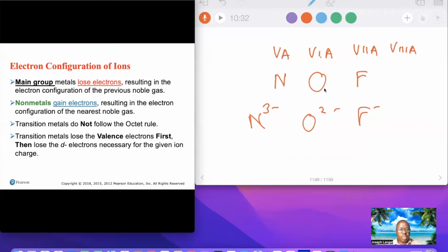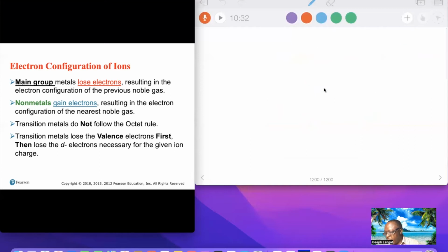When it comes to transition metals, most of them lose either 1, 2, or 3 electrons predominantly. Transition metals lose valence electrons first. What does that mean? Let's say iron, for example.